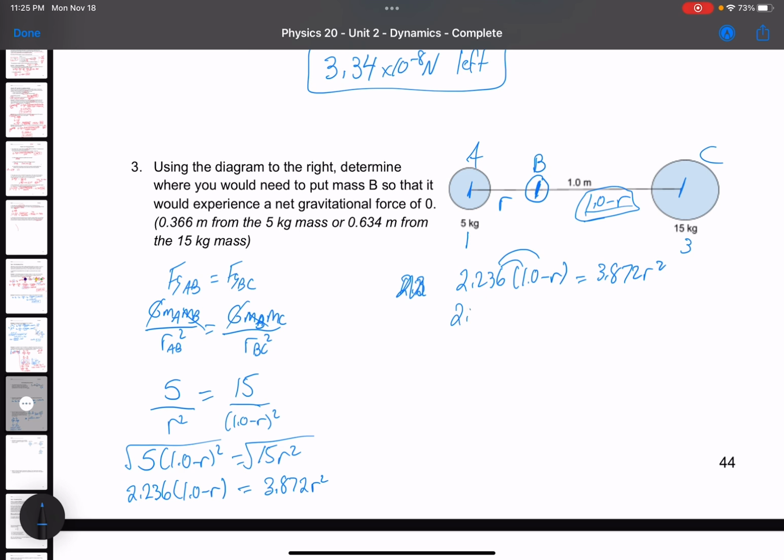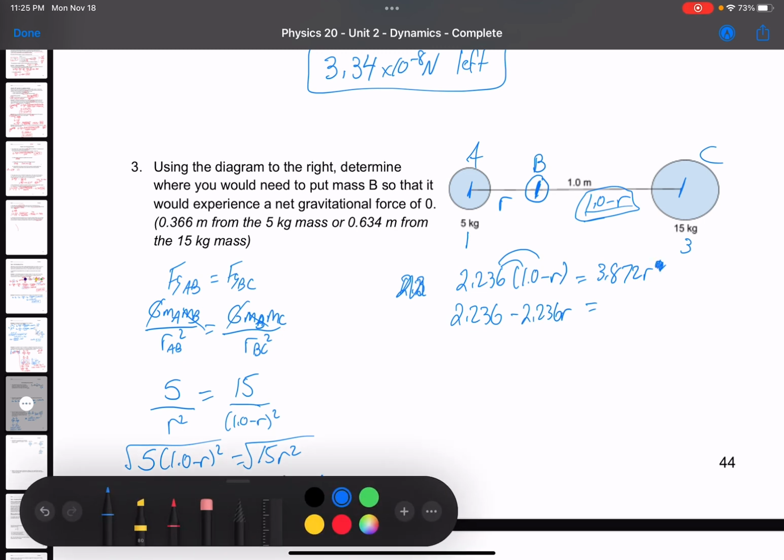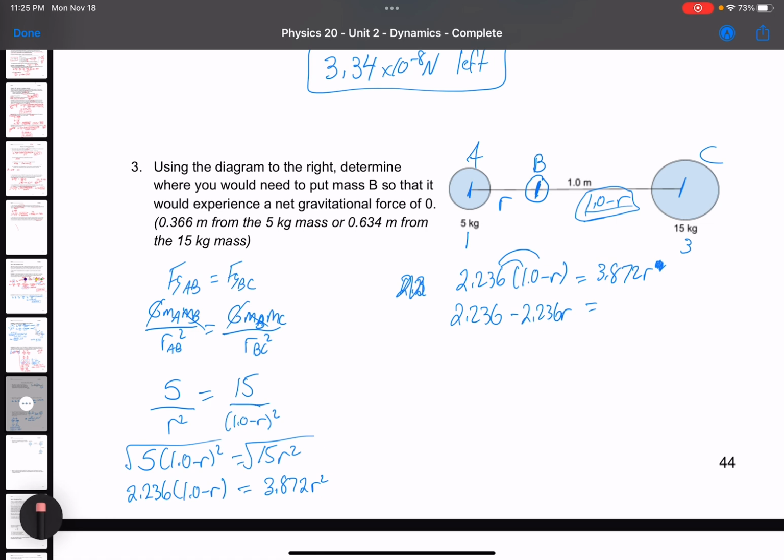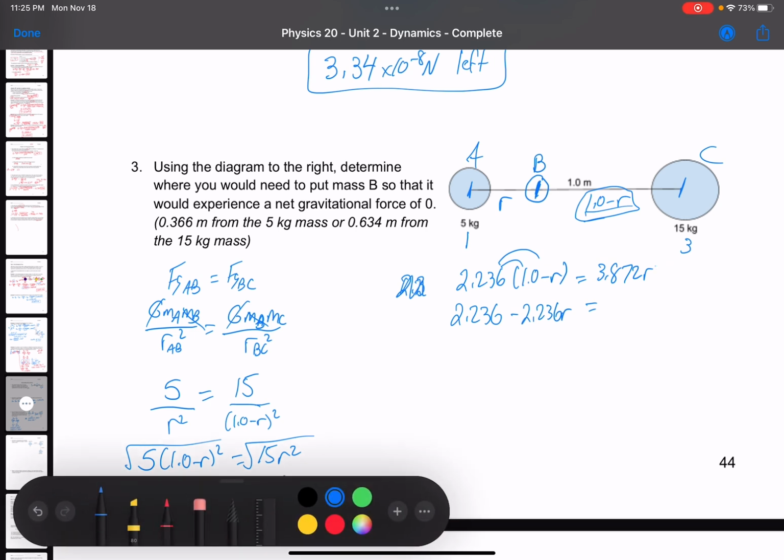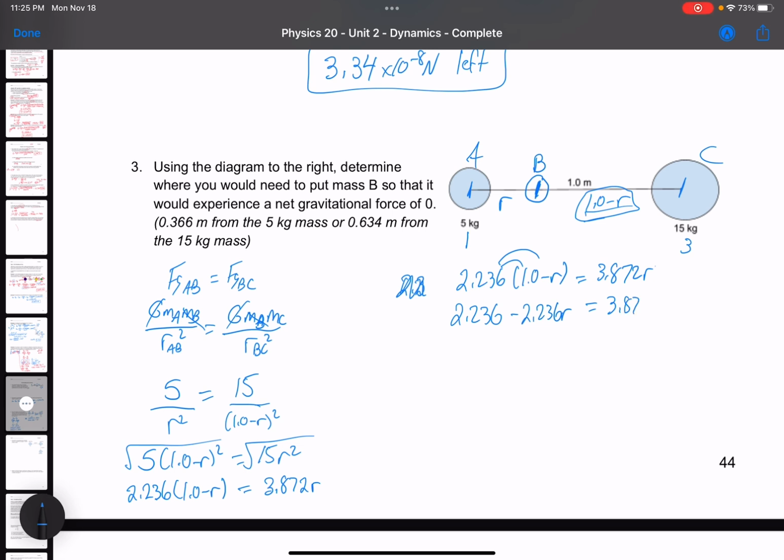So it's going to be 2.236 when I multiply by 1 minus 2.236r is equal to, that's not squared anymore because I square rooted it. Let's go in and fix that. It's equal to 3.872r. Now I'm going to group like terms. I want to keep the r's positive. So I'm going to add these ones to the other side.